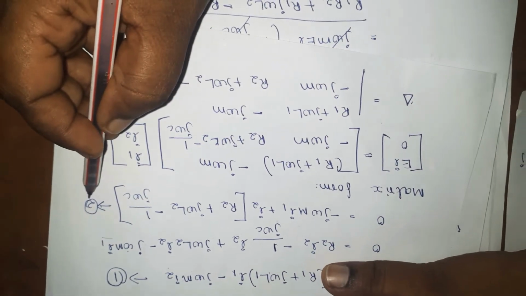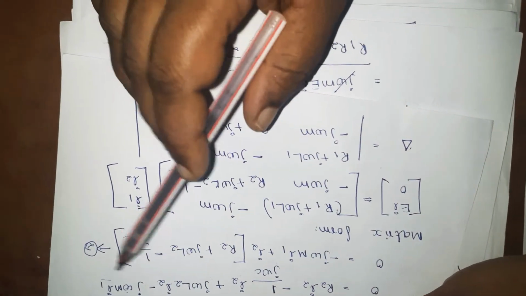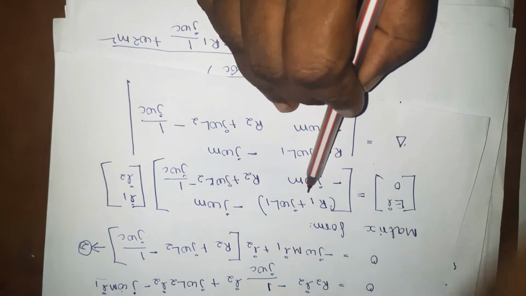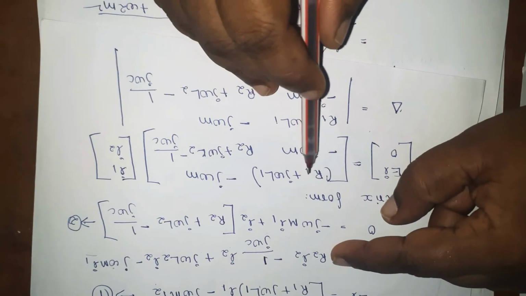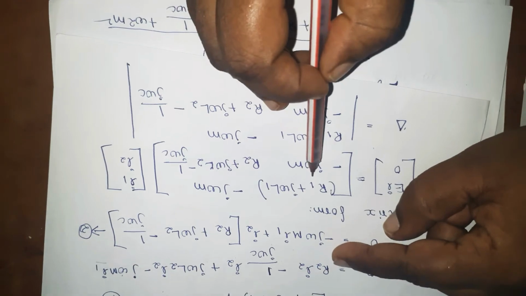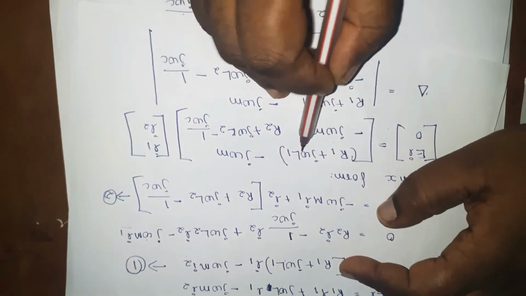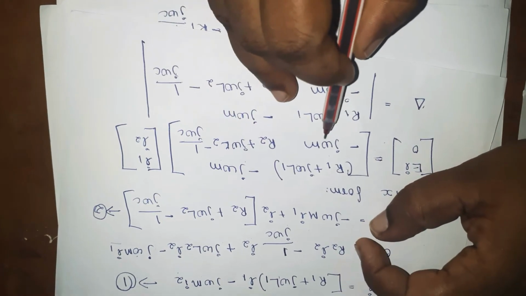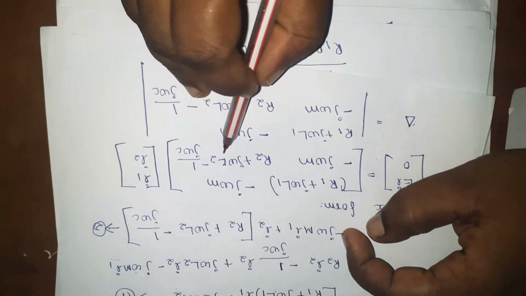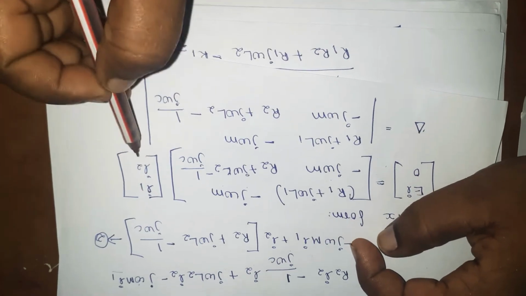This is considered as equation 2. Now you form the matrix for equations 1 and 2: Ei and 0 on one side, with the terms R11, R12, R21, R22: R1 plus j omega L1, minus j omega M, minus j omega M, and R2 plus j omega L2 minus 1 by j omega C, multiplying I1 and I2.